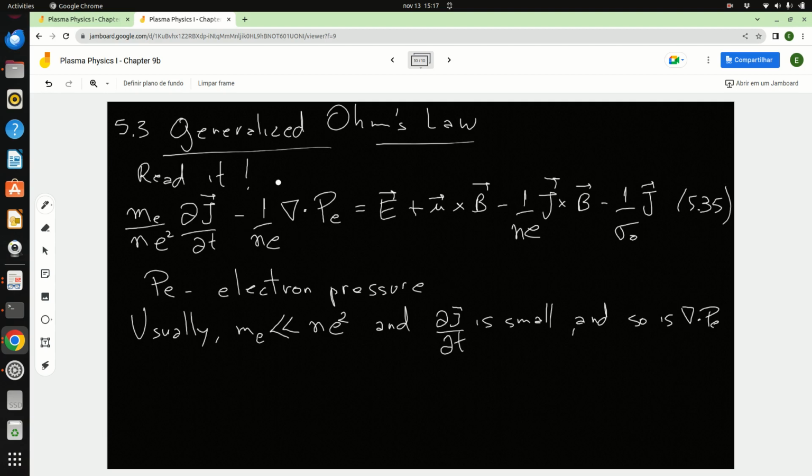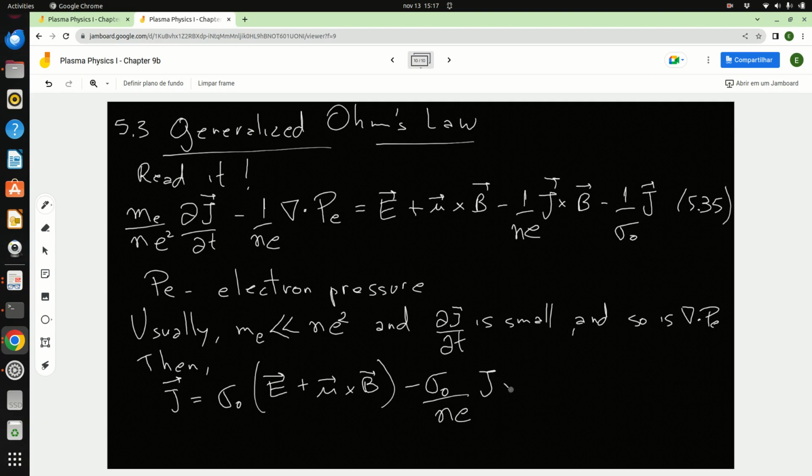You see, this is much larger than this. You can remove both terms. Then 5.35 becomes J equal to conductivity, this minus this J cross B. Okay, we have kept this and these terms, so these are zero. This final term is the Hall term.